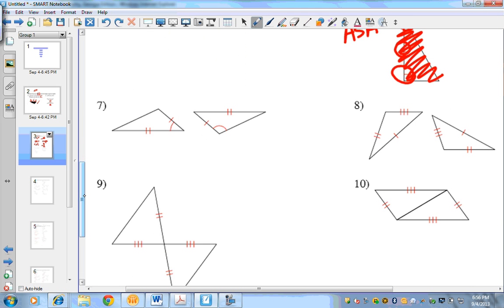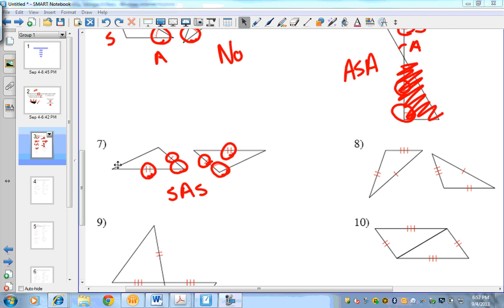Let's look at question number 7. We have this side congruent to this side. We have this side congruent to this side. And then we have an angle right here, angle right here. So we have a side, angle, side. Now, does that give us enough information to prove that they are congruent? Well, let's see.